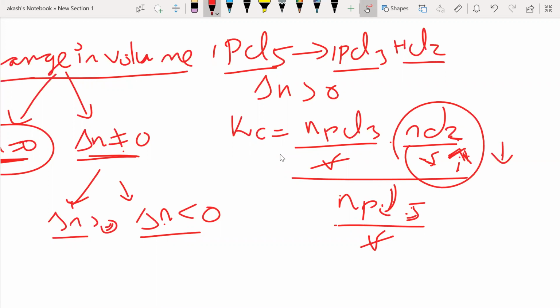And if the overall numerator is decreasing, what will happen to Kc? Kc will decrease, but then it is not anymore Kc. It is actually going to be Qc. Now comparing Qc and Kc, you have decreased the value, so obviously the Qc value will be lesser than Kc.